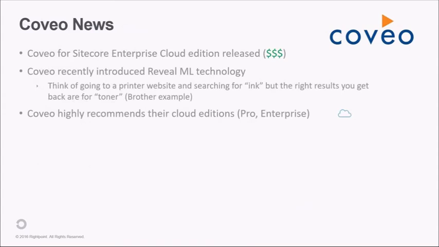Coveo is another third-party product. Not that it was necessarily announced by Sitecore, but it was a big happening at Symposium. They released a Sitecore Enterprise Cloud Edition. It is a step above the out-of-the-box Sitecore search experience and does machine learning where, if your company is a printer manufacturer and they have a website, and someone searches for ink but they were really looking for toner, it can start to figure that out.